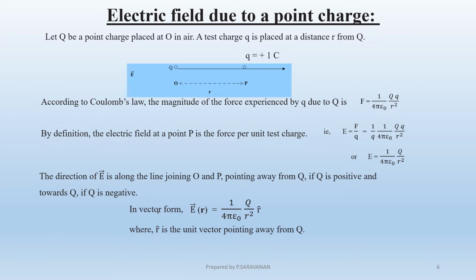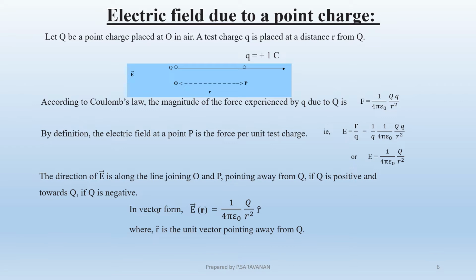That is equal to 1 by q into 1 by 4 pi epsilon naught into capital Q small q by r square. Here, the small q in the numerator and the small q in the denominator get cancelled.